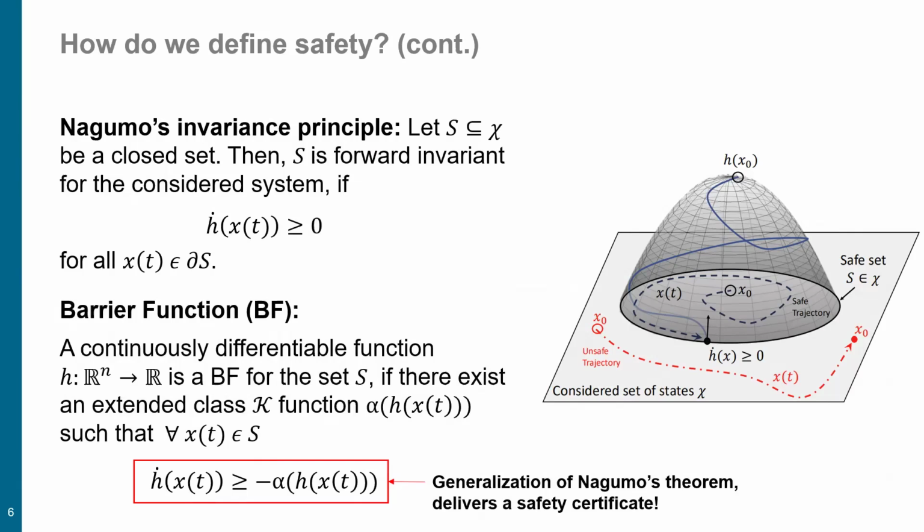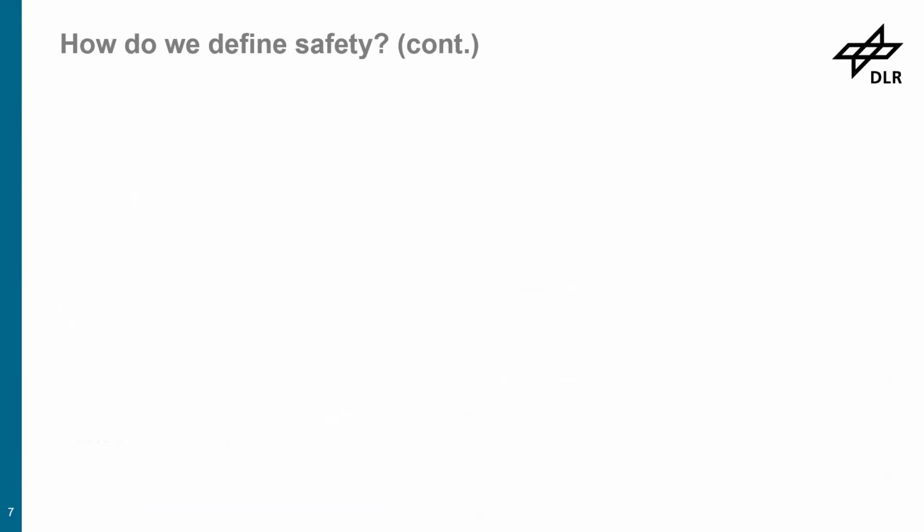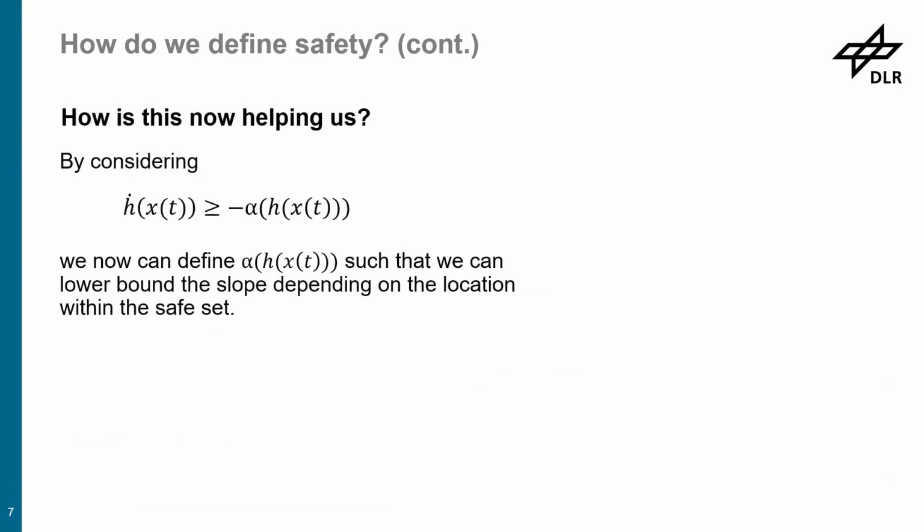The idea is very simple. If you look at this inequality, basically we are searching for a lower bound on h dot. We're just saying, based on where you are, we're giving you a lower bound on the slope.